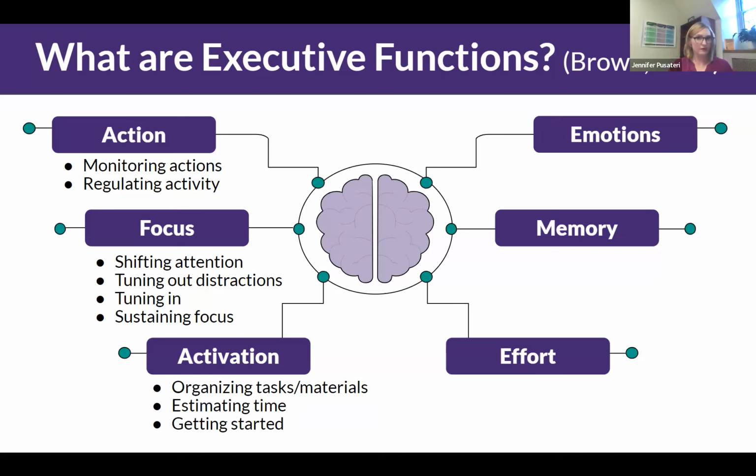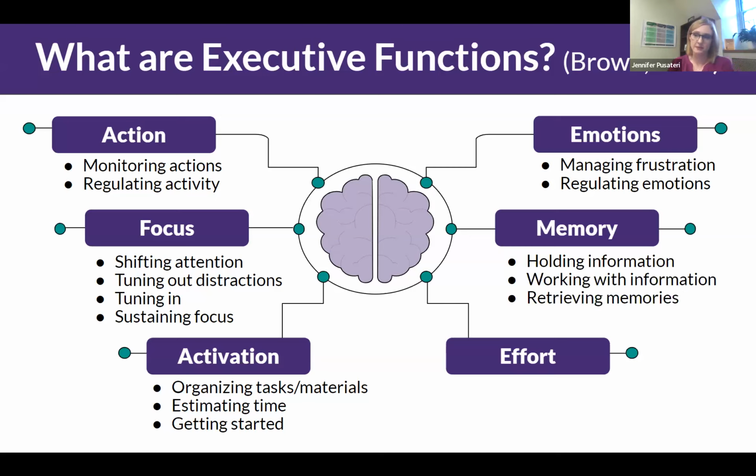Activation, a lot of times people who have executive functioning problems will really struggle with getting started or estimating how long something will take. Emotions is a big one. It's difficult for people who are neurodivergent to manage and regulate their emotions. It's not impossible, of course, but it is a little difficult, and it takes some practice.